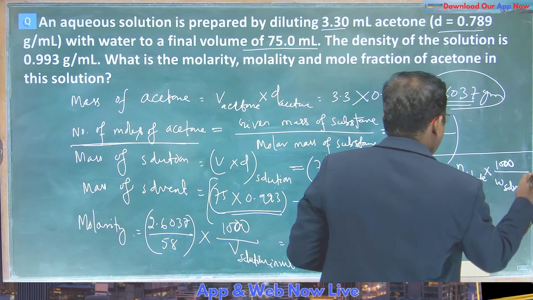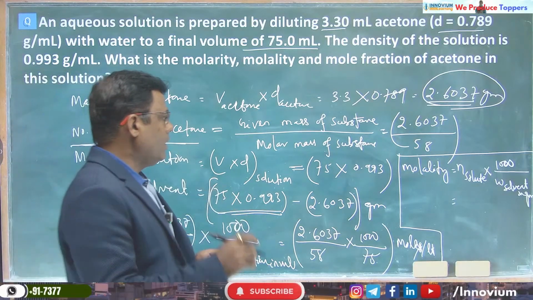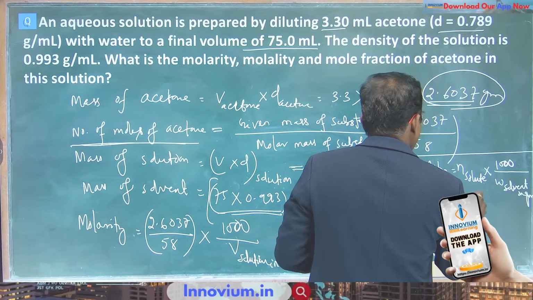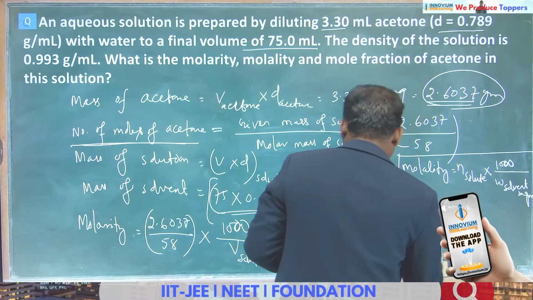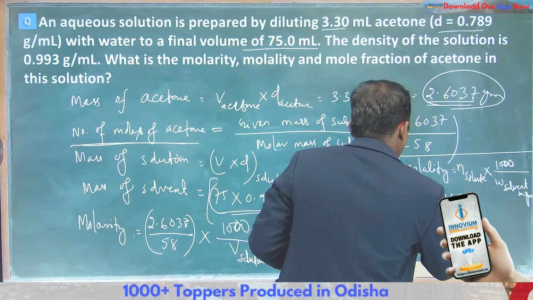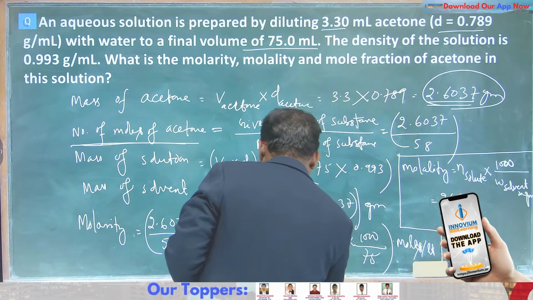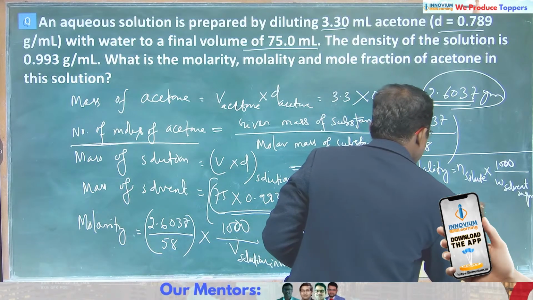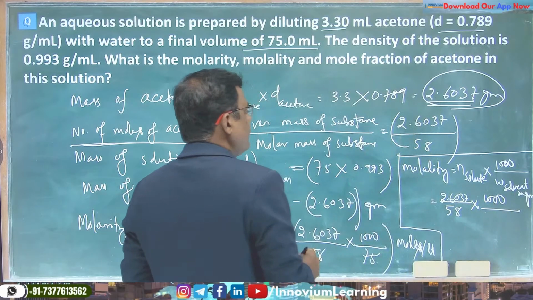So this is the expression for molality whenever the mass of solvent is given in gram. Correct? So the number of moles of solute is here 2.6037 upon 58, multiplied with 1000 by the mass of solvent in gram.